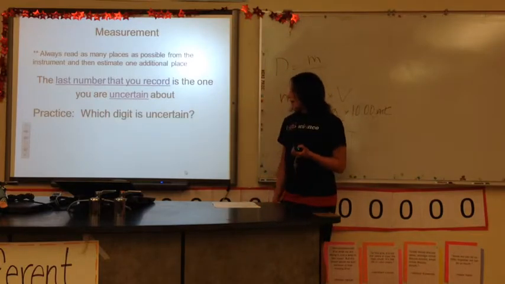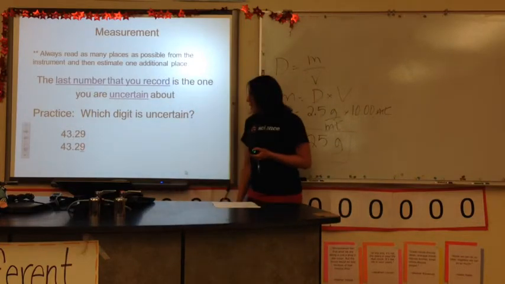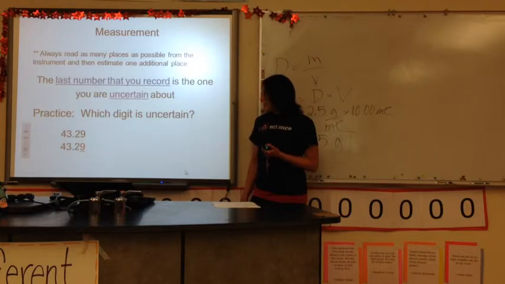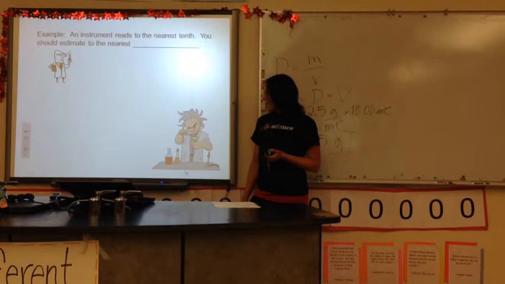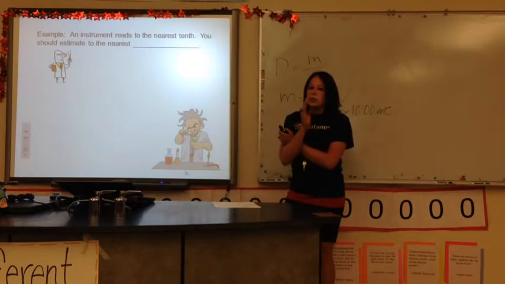Okay, so there's a little practice here. Which digit is uncertain in each of these measurements? And it's always the last digit. So 43.29, it's the 9. 23, it's the 3. 184.2, it's the 2. Okay, example. What if you have an instrument that reads to the nearest 10th place?